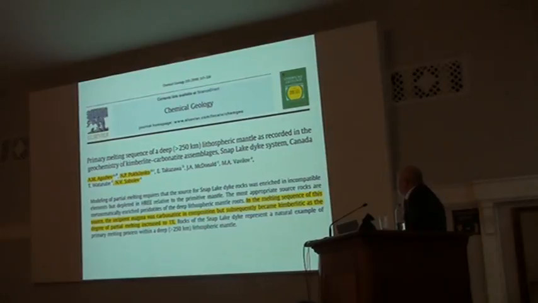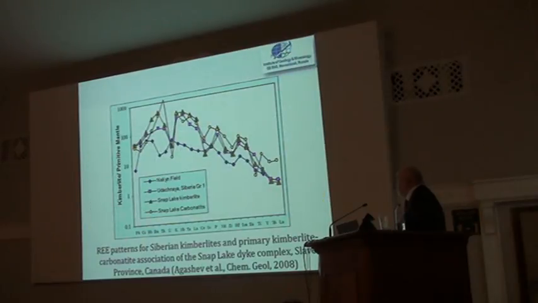It's like the Lac de Gras system. It's very high-grade kimberlites, very interesting diamonds, very expensive diamonds. The price for these diamonds is practically two times higher than for normal kimberlites, say like for Udachnaya.